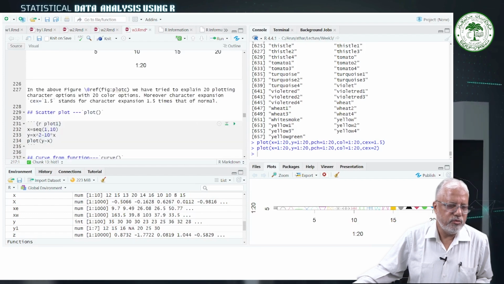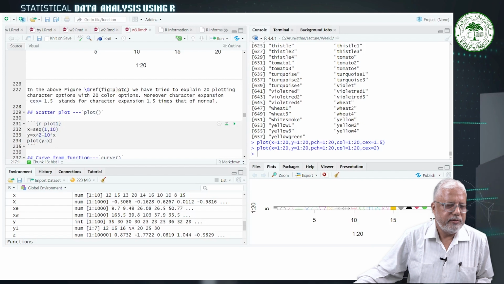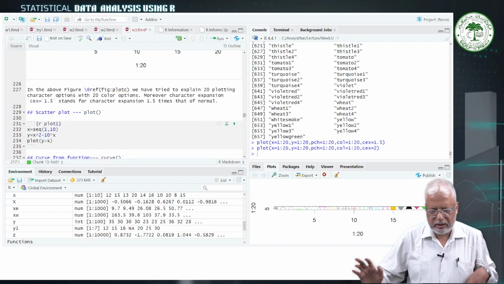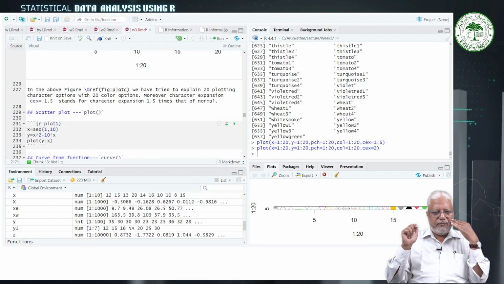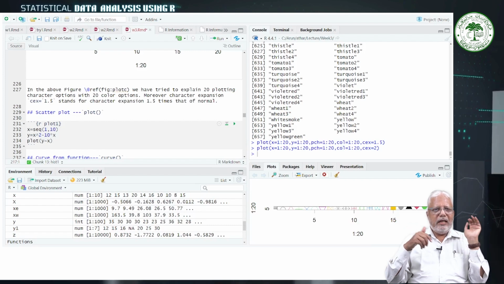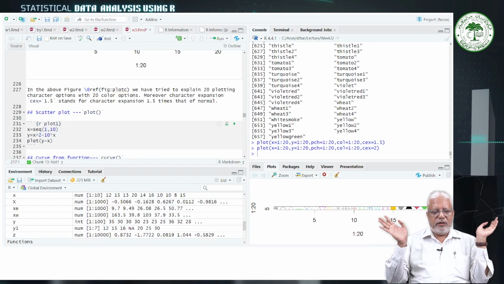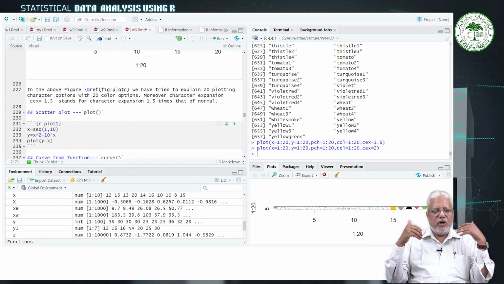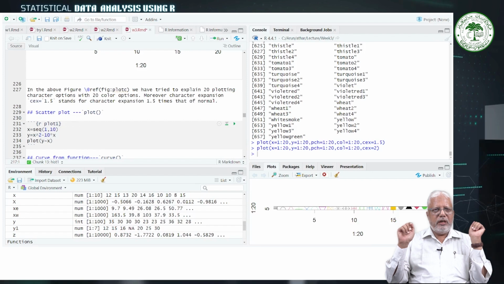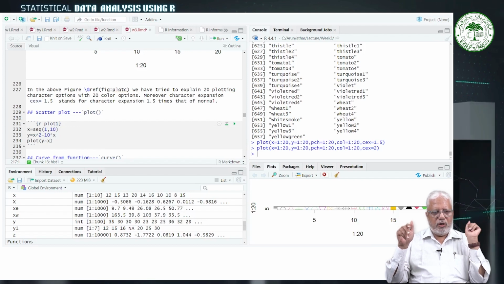Now I would like to describe the function plot. Actually, there is a concept of high level graphic functions and low level graphic functions in R. High level graphic functions always create a new plot, whereas low level graphic functions add to an existing plot. So here hist is a high level graphic function because it generates a new plot.